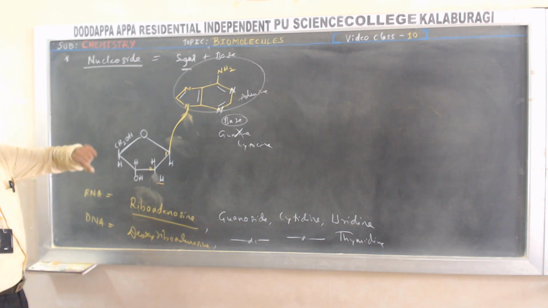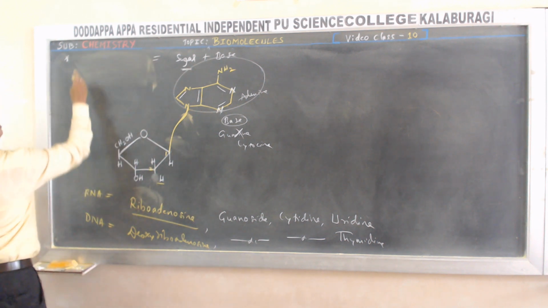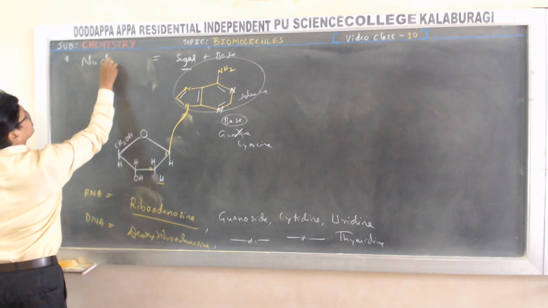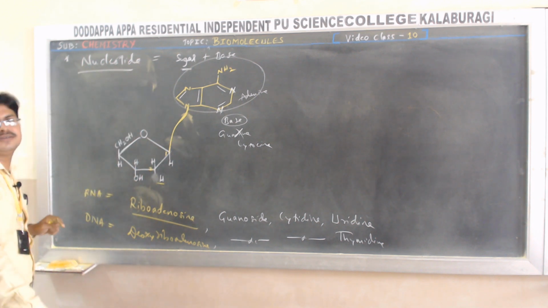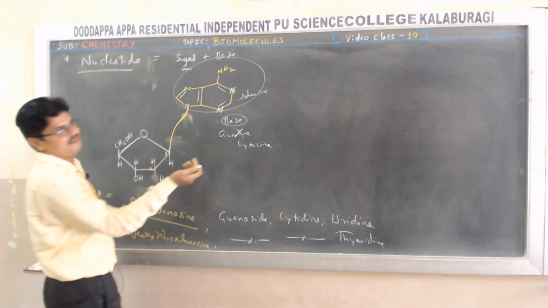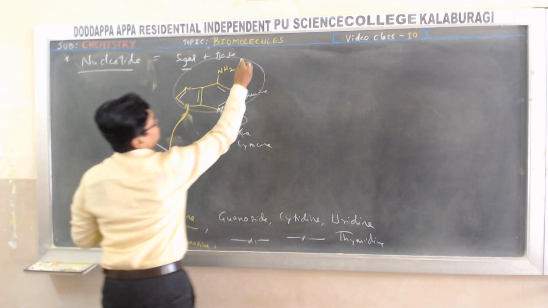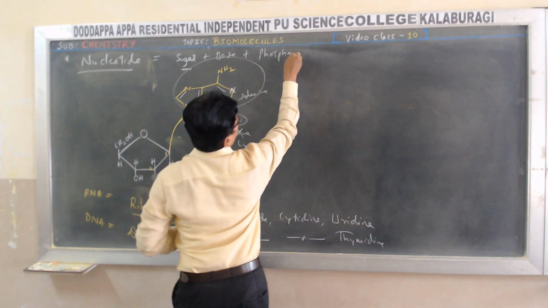Now let us focus on the structure of a nucleotide. What are nucleotides? Nucleotides are made up of, of course, sugar and base, plus what? Phosphoric acid or phosphate group.